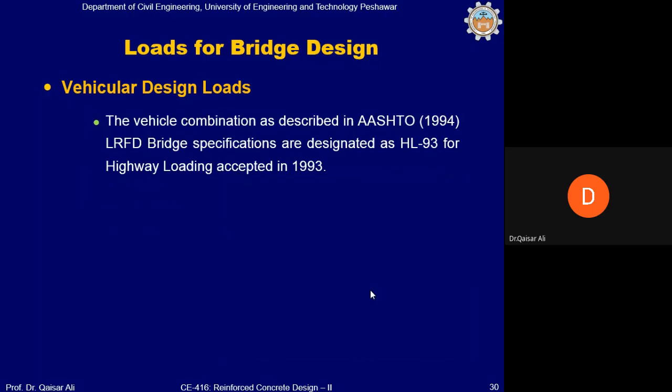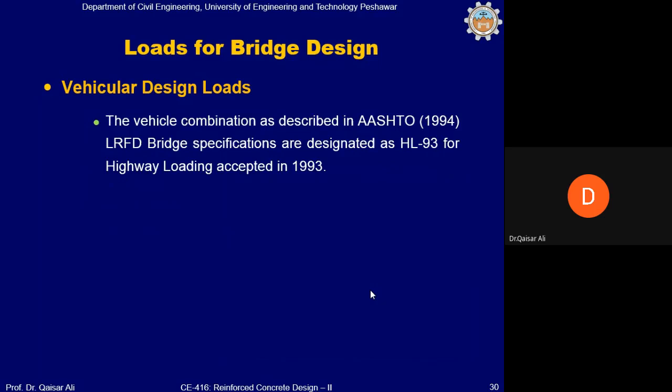The vehicle combination is described in AASHTO 1994 LRFD, which is a load and resistance factor design-based specification. LRFD is basically like the strength design method in buildings, because of load and resistance factors. Load factors are 1.2 and 1.5 and so on, and resistance factors are less than 1: 0.9, 0.85, 0.75, these factors which are applied on the strength.